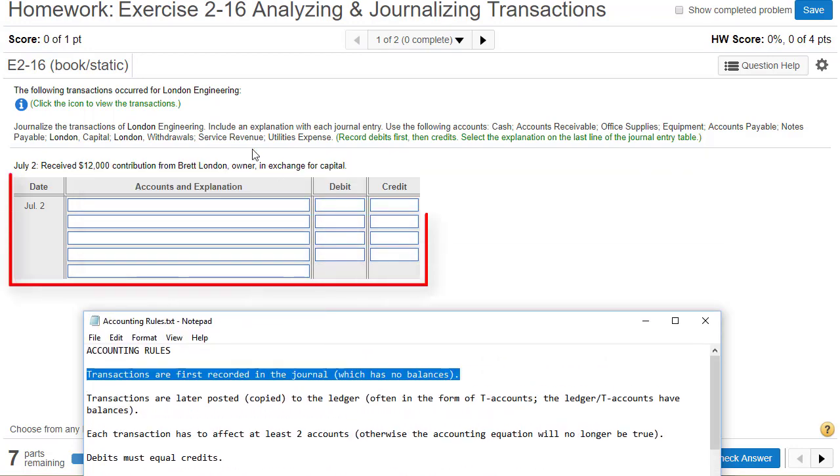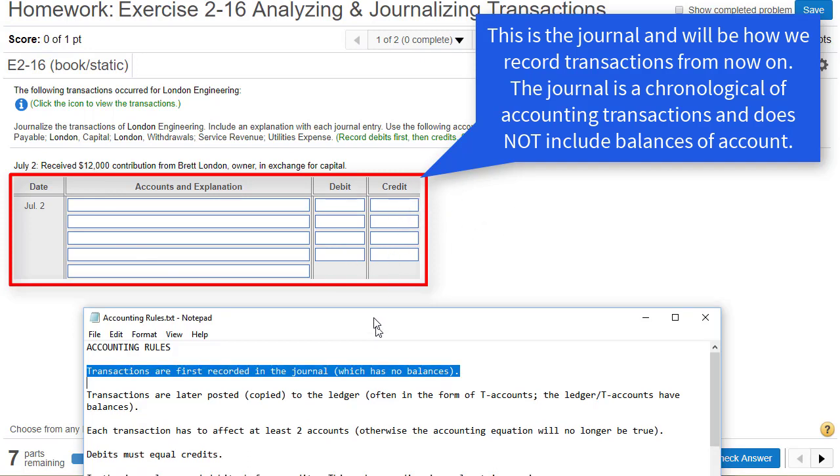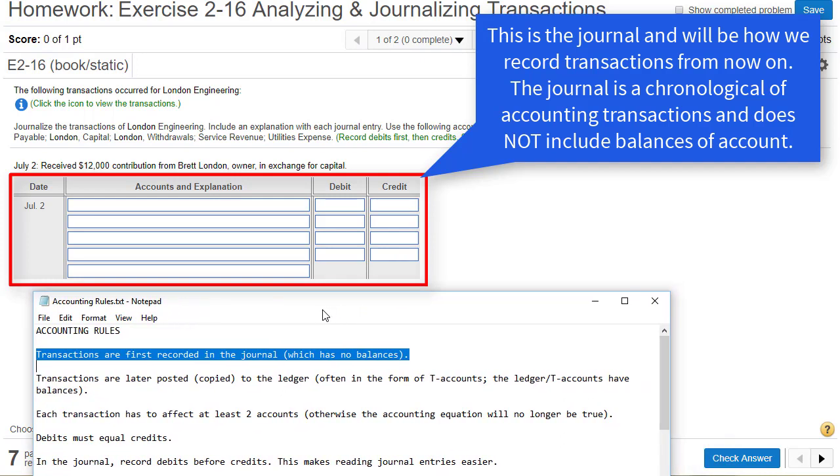So remember, this right here is our journal. It has a debit column and a credit column, but notice there is no balance column. So the journal is just a chronological list, which just means it's a list in order by date of all the transactions that happen for the company, but it has no balances.